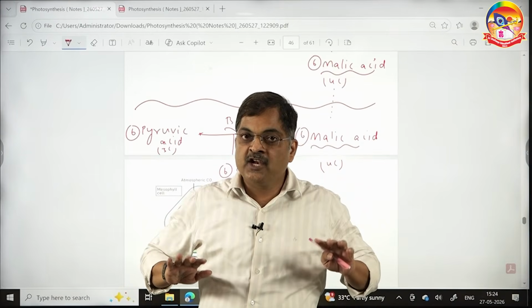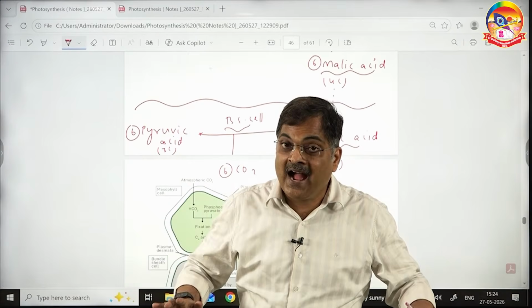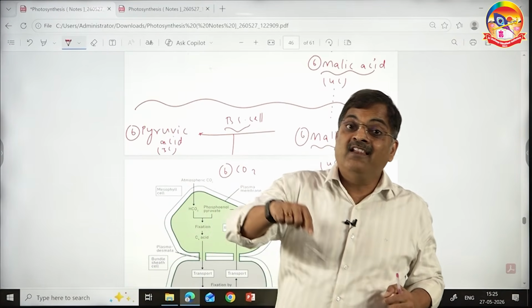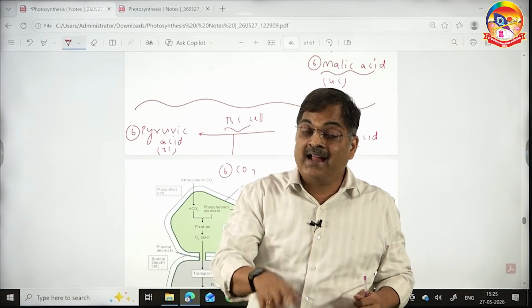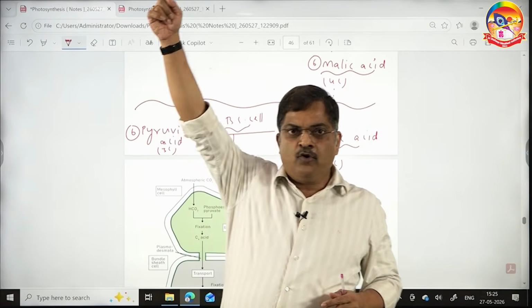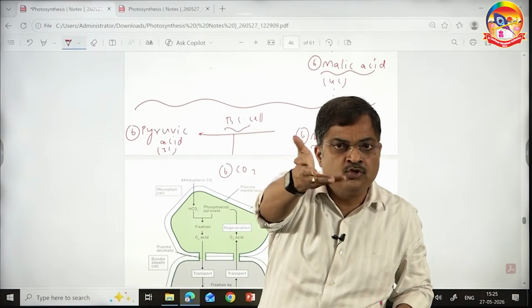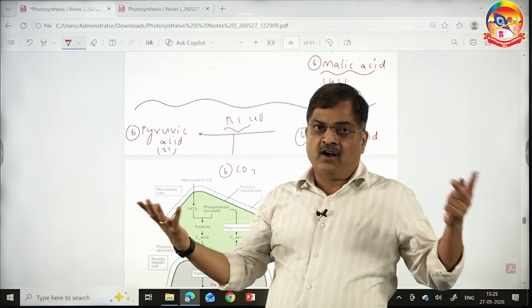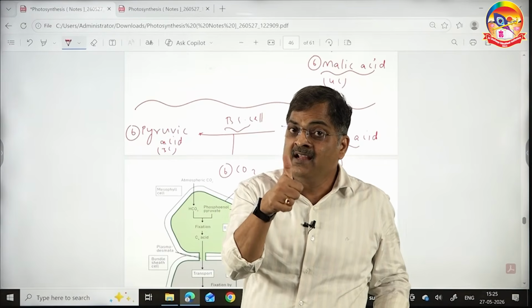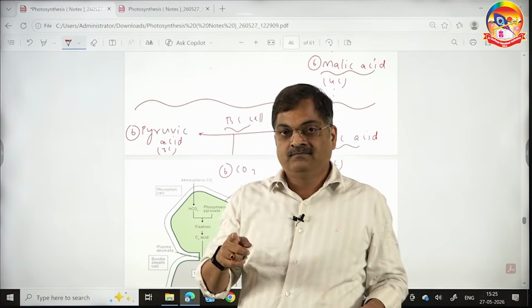So can photorespiration occur in C4 plants? No. Then can Calvin cycle occur in C4 plants, in bundle sheath cells? Yes. How? Is CO2 passing through suberized walls? No. If oxygen cannot enter, even CO2 cannot enter, then how can Calvin cycle occur?